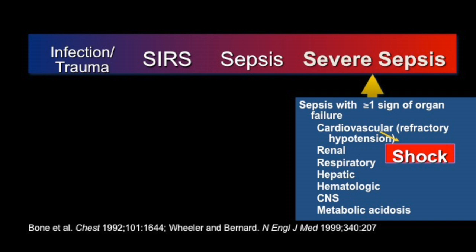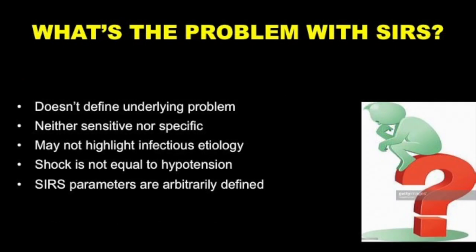Okay. What are the problems with this system? SIRS doesn't define the underlying problem. It's a non-specific response to an insult. It might be the patient is cirrhotic with a normally low blood pressure. The patient might be delirious for some other reason. And it's not very sensitive or specific. So in other words, you can have a patient in the ICU with infection or organ dysfunction that actually doesn't meet SIRS criteria.